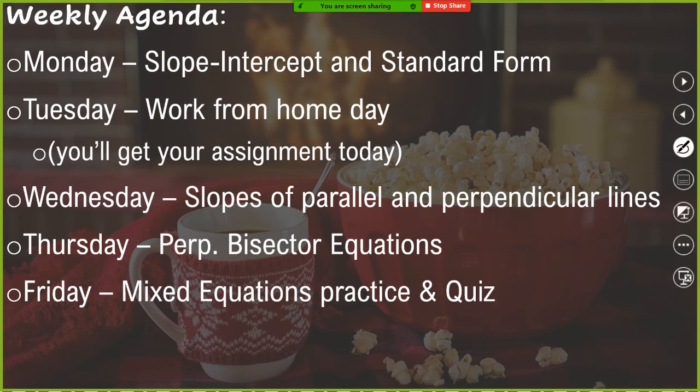All right, so next I just wanted to give you guys a preview of what this week is going to look like. So today we are going to be talking about slope intercept form and standard form and taking some notes on that. Tomorrow, remember, is your work from home day. The practice that we get today, finishing that practice is going to be your assignment for tomorrow for this class.